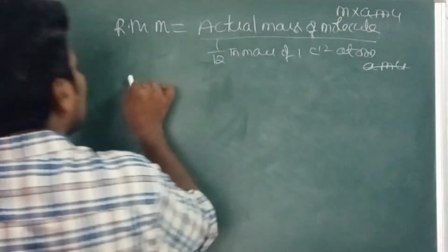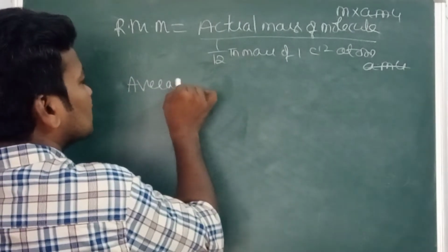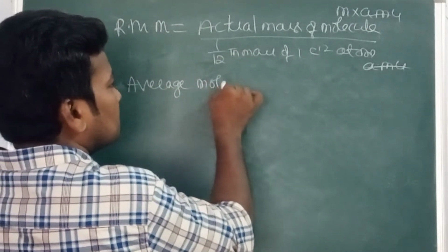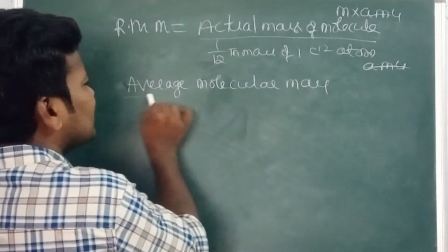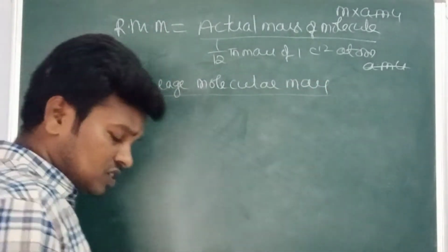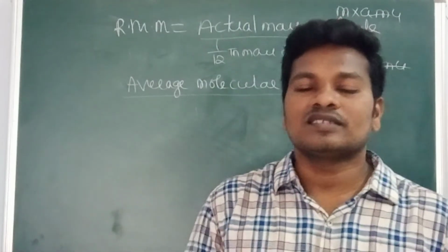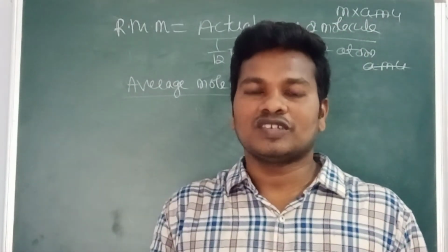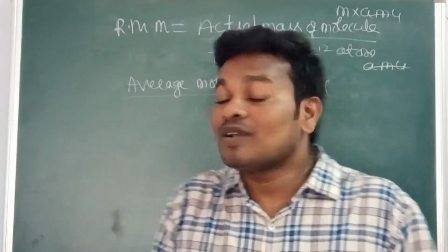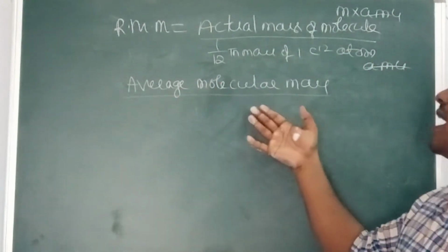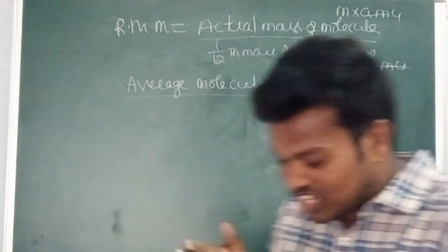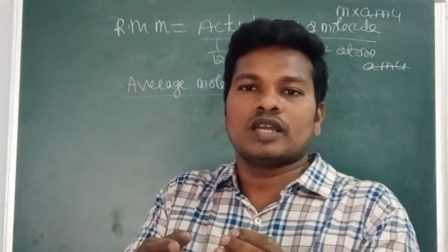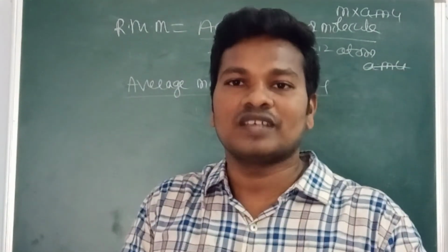So you can see the average molecular mass. Before, we had average atomic mass, the sum of the isotopic mixtures we have taken. But here we have to take average molecular mass. In a given mixture, two or more molecules are present.